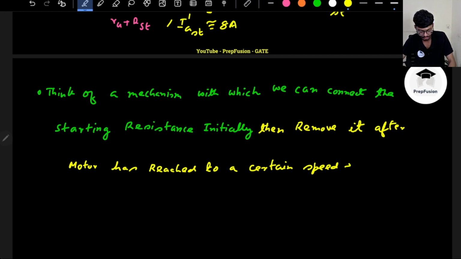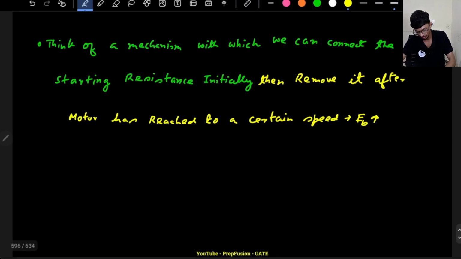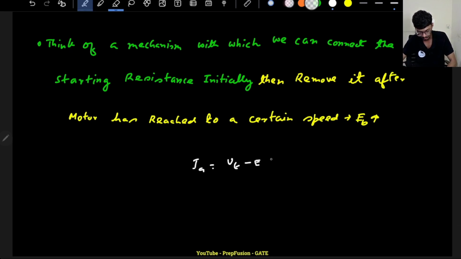Basically, if E_b increases, then of course the motor will reach a certain speed. After that, even if I remove the starting resistance, my I_a will be V_t minus E_b, because E_b will be the opposing voltage, divided by R_a. So now the current will not be that high. This is what we want to do.